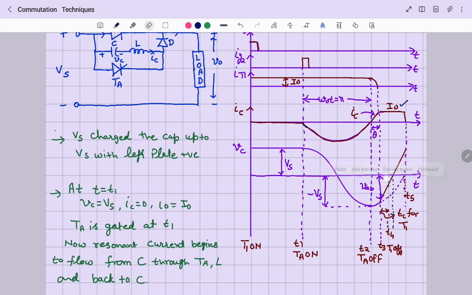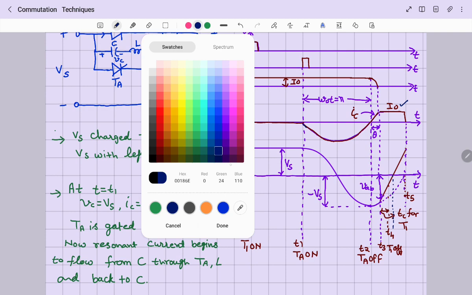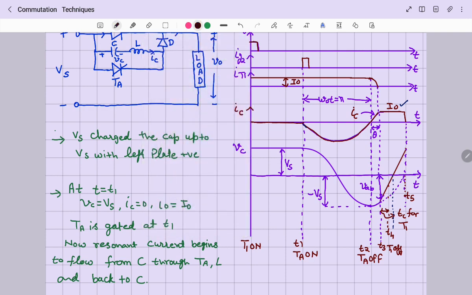It is at this point. Done. This instant is T4.